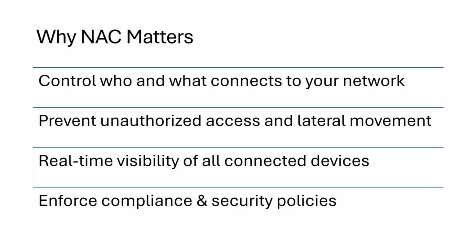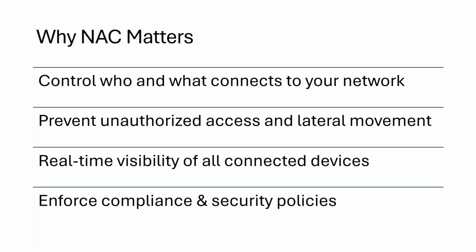It's not that easy once the attacker gets into any weakest link or weak point, and then they can spill over everywhere. So segmentation and control are very important. And NACView does provide real-time visibility for all connected devices and helps you to enforce compliance and security policy.